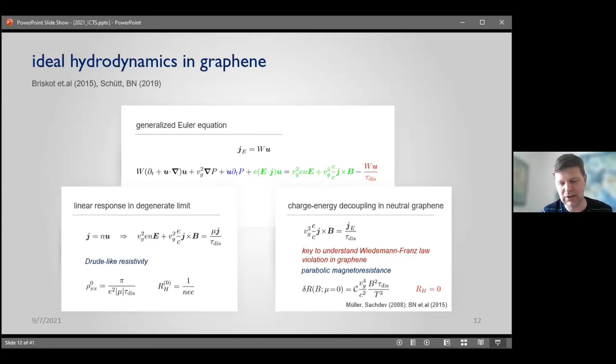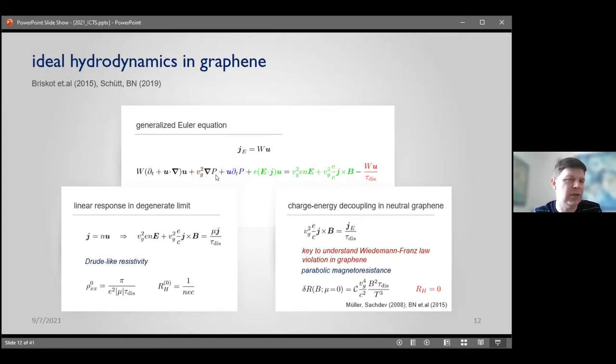So these Dirac fermions want to be relativistic, they have the linear spectrum, but everything else is not, and so the system is not really relativistic, but there is one remnant of that, and that's this time derivative of pressure in this equation.